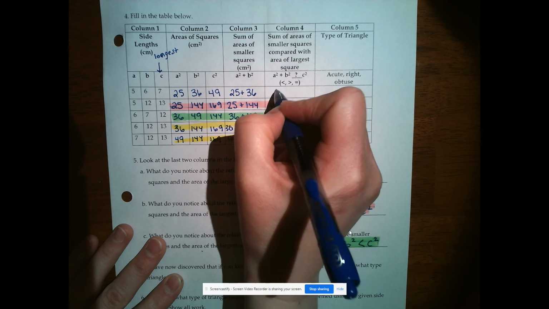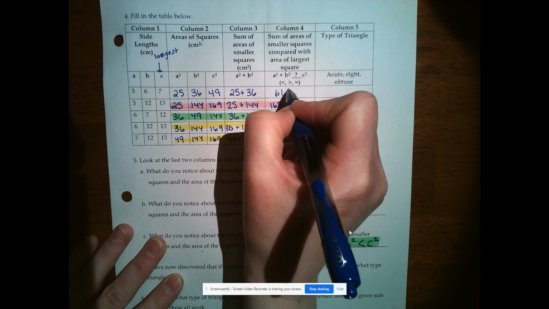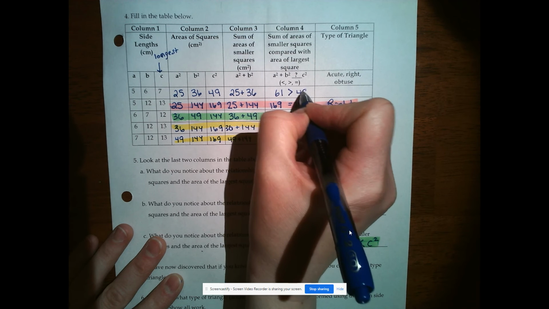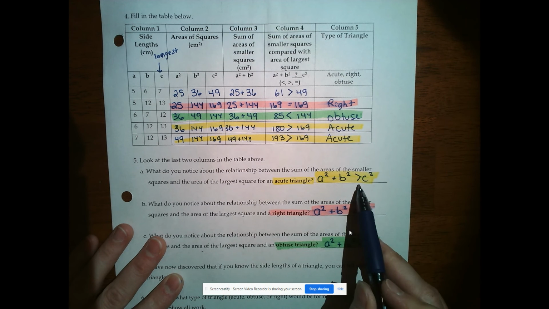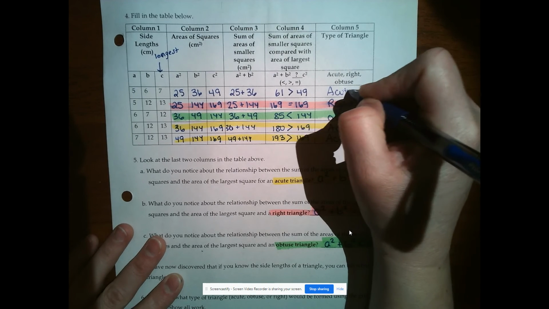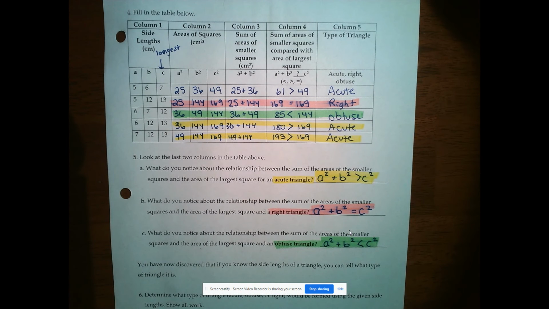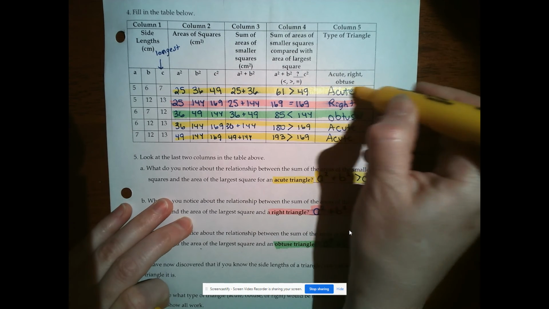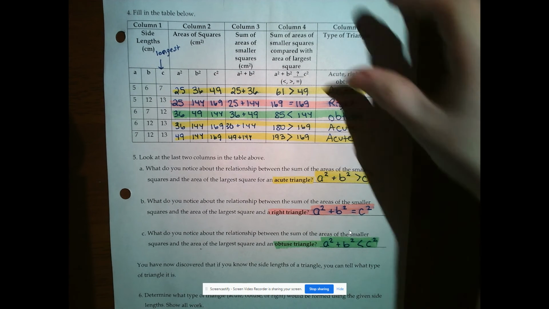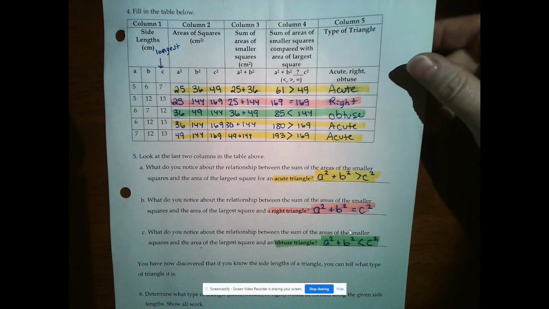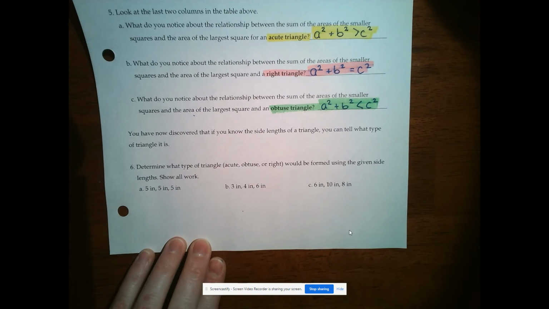When I add them together, I get 61, which is greater than the longest side squared, 49. And we said if a squared plus b squared was greater than c squared, it was acute. So it was tough to tell whether it was acute or right, and that is an acute triangle. It joins that group. We've now discovered that if you know the side lengths of a triangle, you can tell what type of triangle it is.